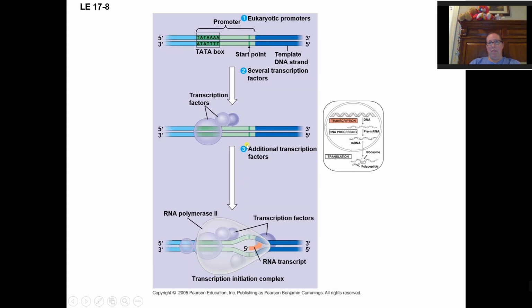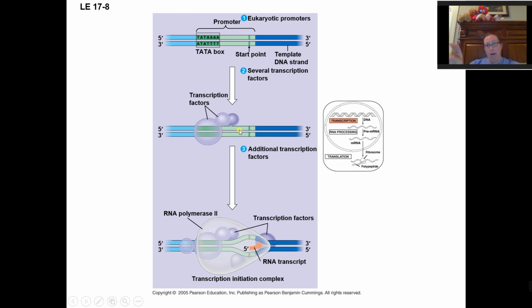You can read some of this other stuff, but I like the pictures. You can tell I keep going to the pictures. So here we have the same picture as before, but you have the promoter region. You can see now that we put a TATA box, T-A-T-A-A. And then you have some transcription factors, some bubbles, and there's lots of things.